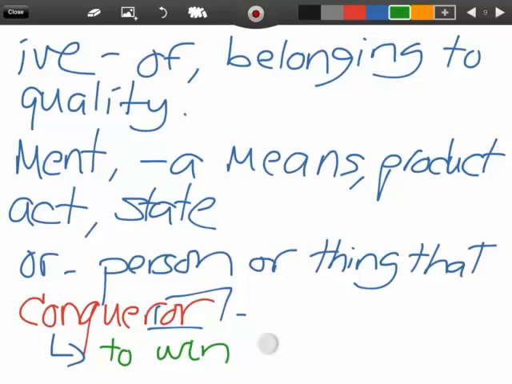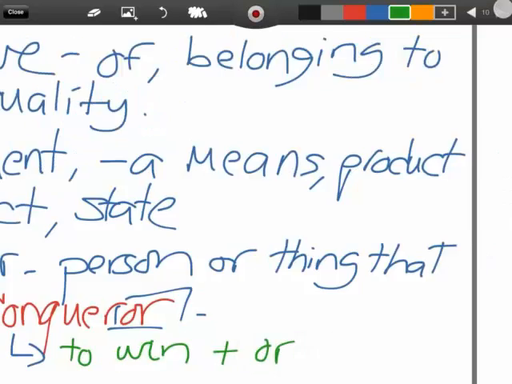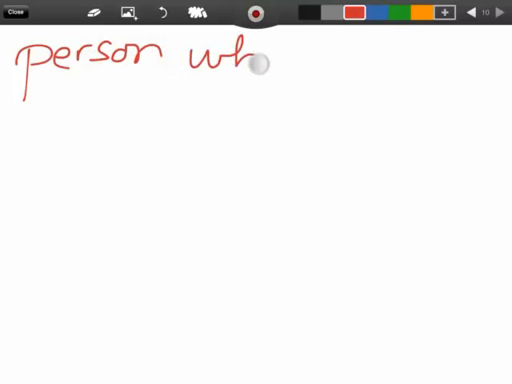And if we combine conquer and the suffix or, it means person who wins.